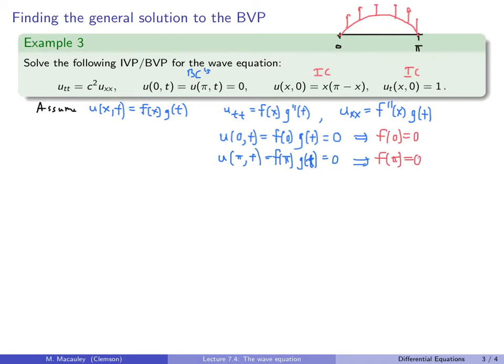Okay, so now we're ready to go. Let's plug this back in. And notice we have two initial conditions. It's very possible that one of them could be equal to 0. If the initial velocity were equal to 0, then we could do the same thing here and conclude something about g.